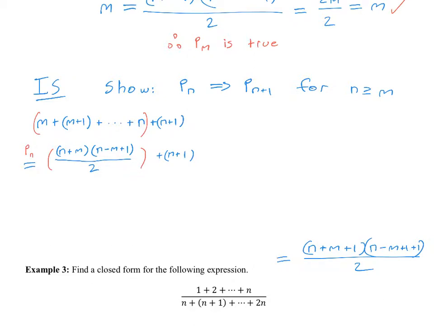So how about we fix that by factoring out a 1/2 or making sure everything is being divided by 2. So I'm going to write another step that takes everything and puts it over top of 2. So n plus m multiplied by n minus m plus 1, and then we'll have plus 2n plus 2. That allows us to put everything over 2.